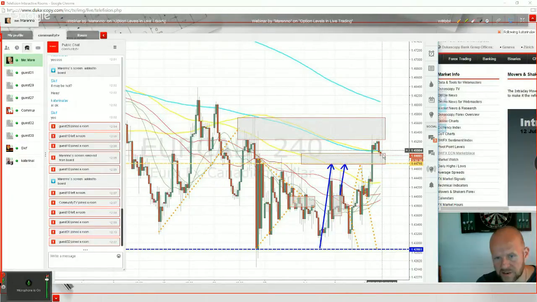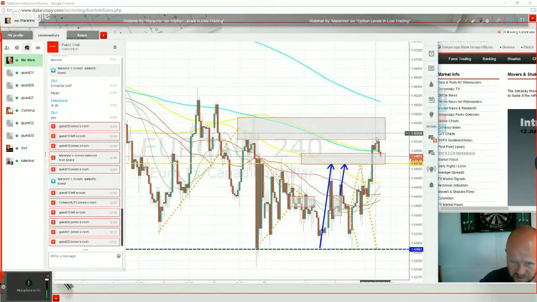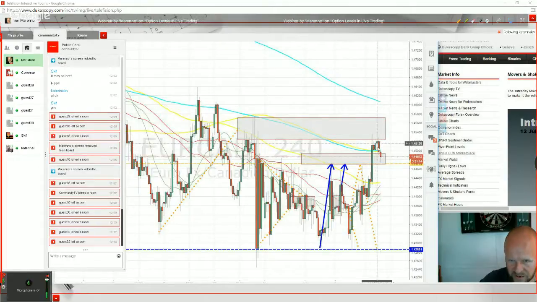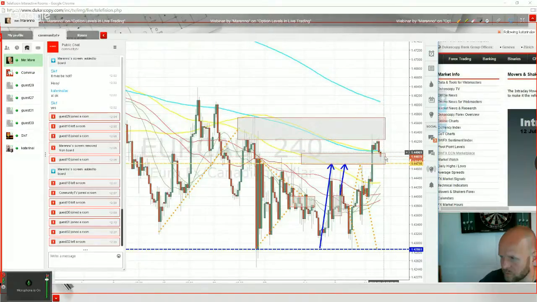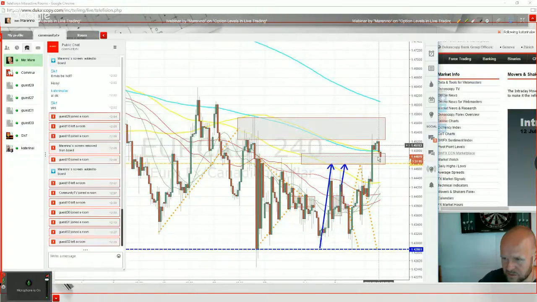But I am just warning you that down continuation from here is highly possible. We have already reached the potential reversal area, have seen very good reversal patterns here and confirmation as well. So why not continue down movement from here, which is highly possible.